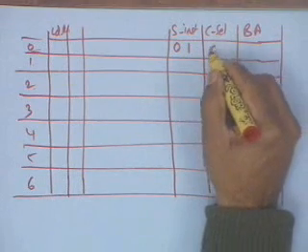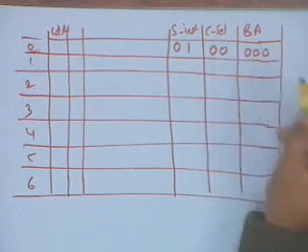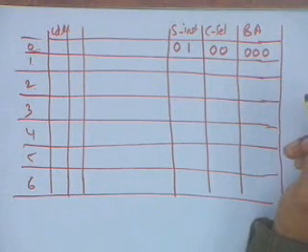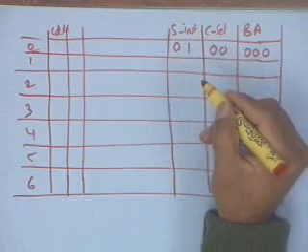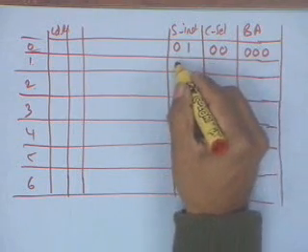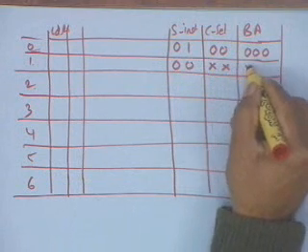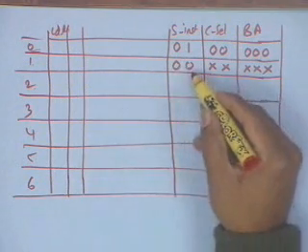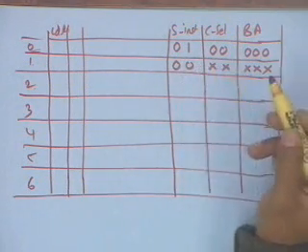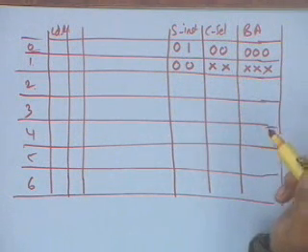Condition select is start, so that is 0, 0. Branch address is 3 bits, 0, 0, 0. For the next one, that is the continue instruction, continue is 0, 0. And here I don't care. Once I am selecting that I am going to go to the next instruction, I don't care what the condition select is going to be.